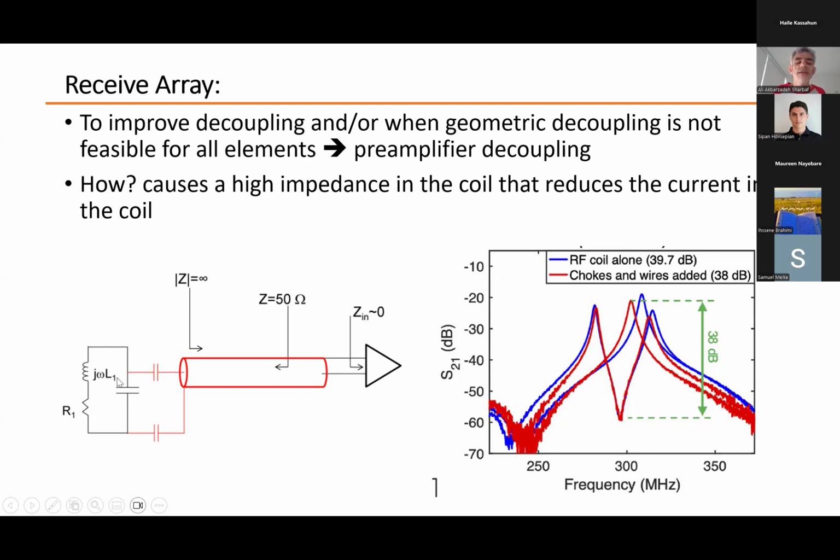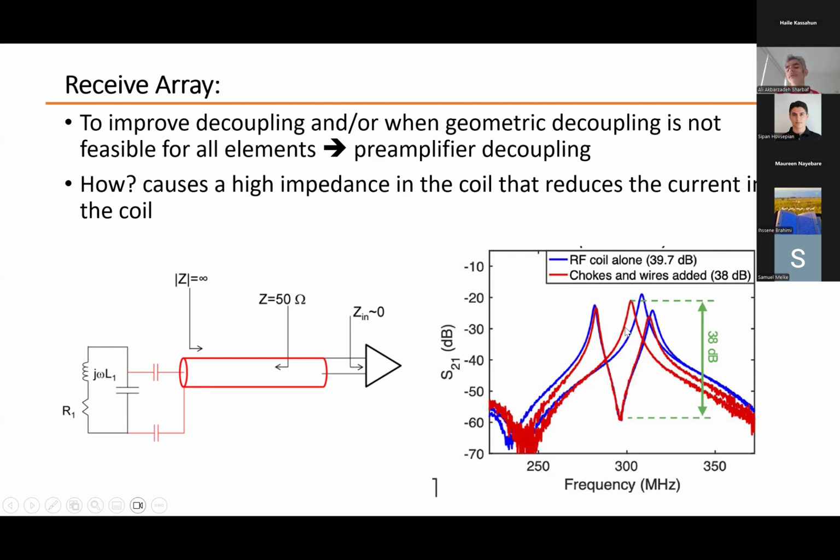In that case, the current induced inside the loop does not pass through because it's a huge impedance, so you can't see anything at the output.